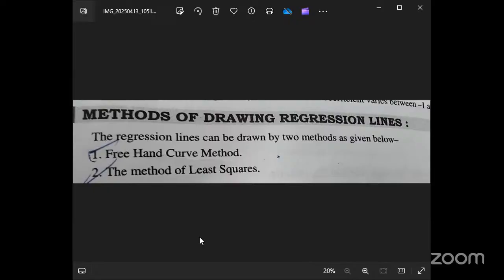This freehand curve method is also known as method of scattered diagram. So it is a very simple method of constructing regression lines.